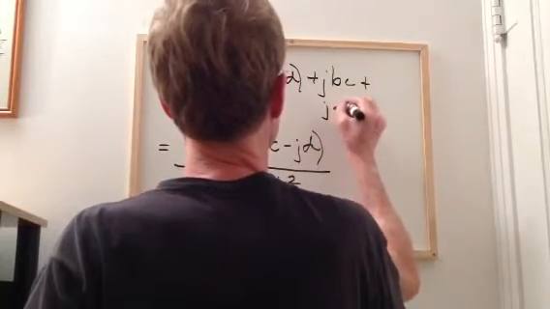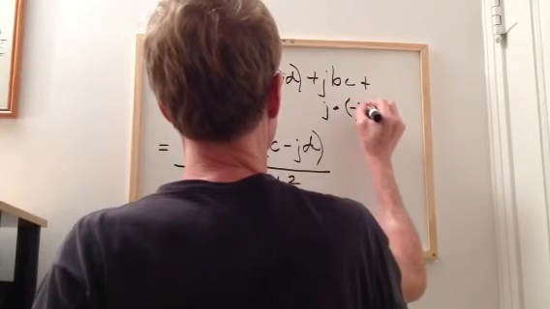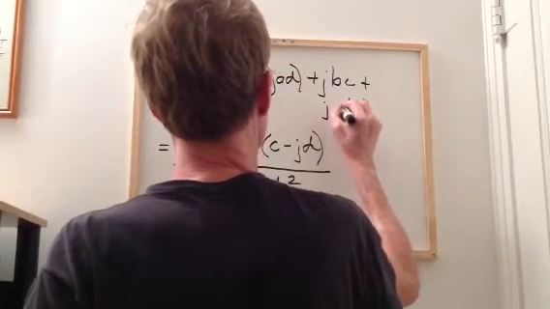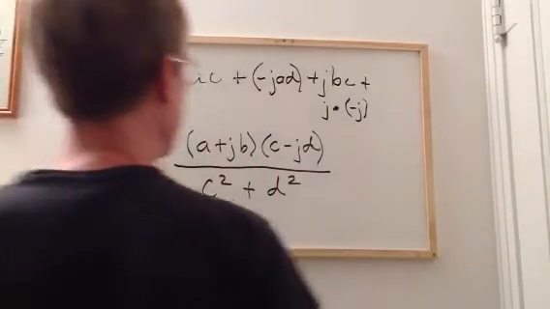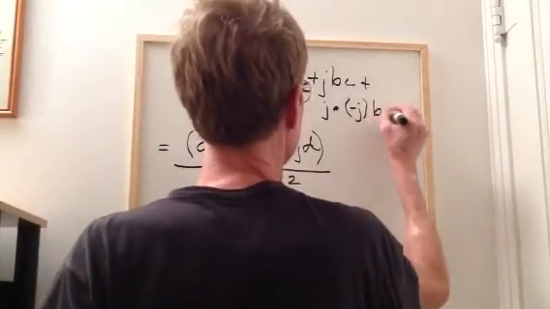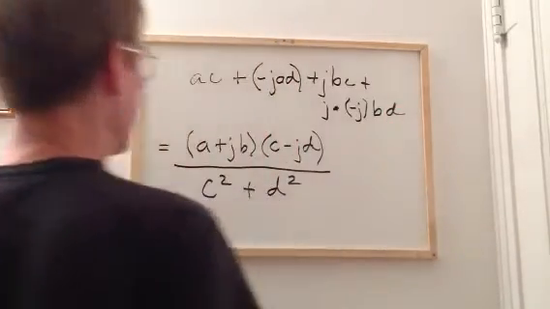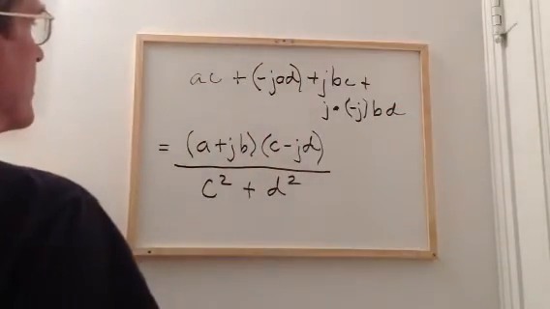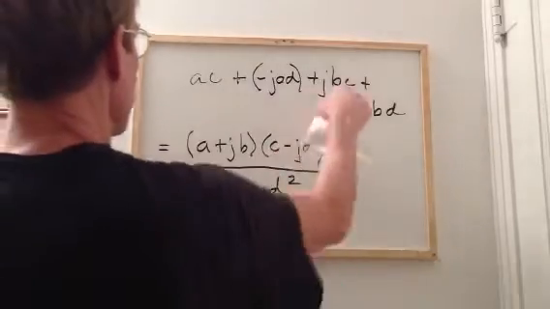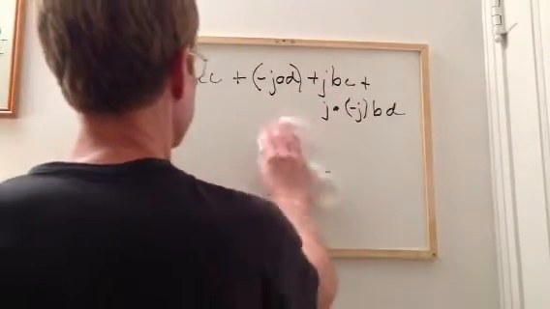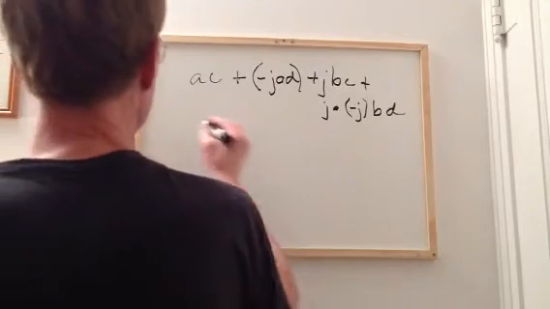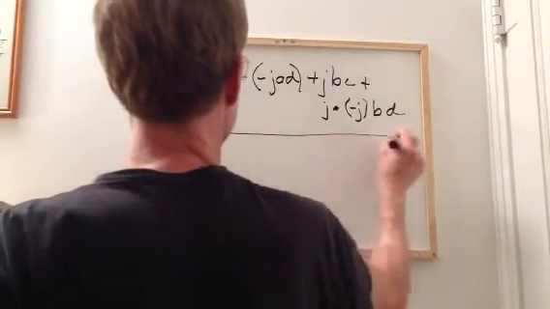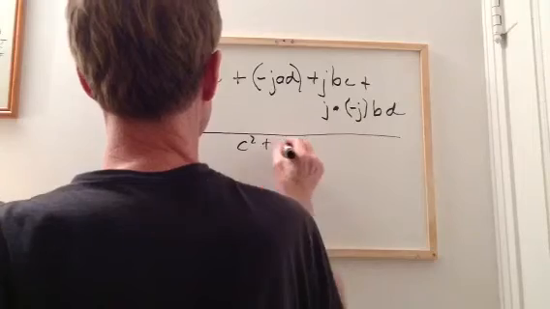J times minus J, that's a times sign there, times B times D. I'll be very careful there. Okay, now we've simplified this to this, but it's all divided by C squared plus D squared, remember.